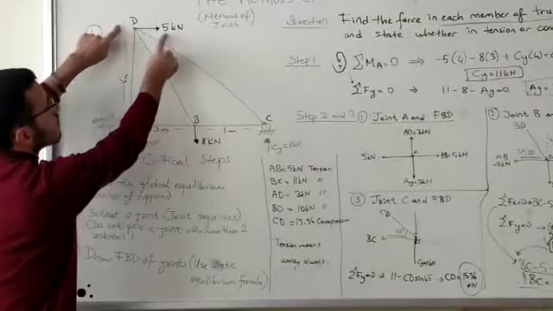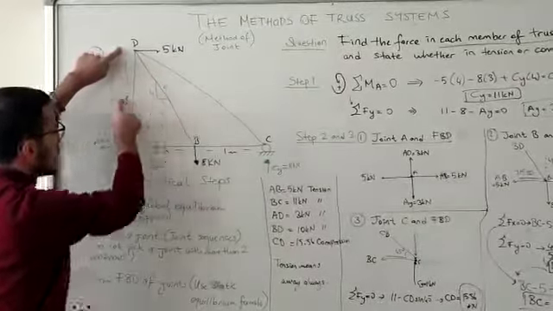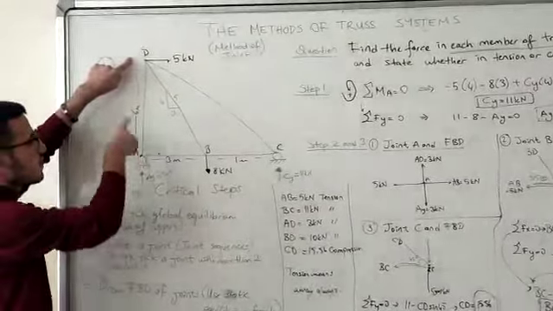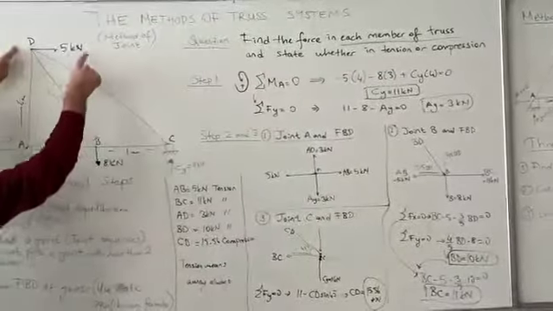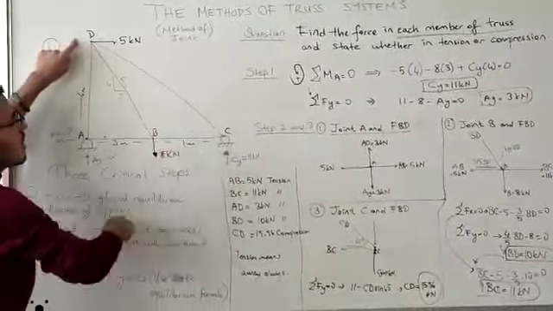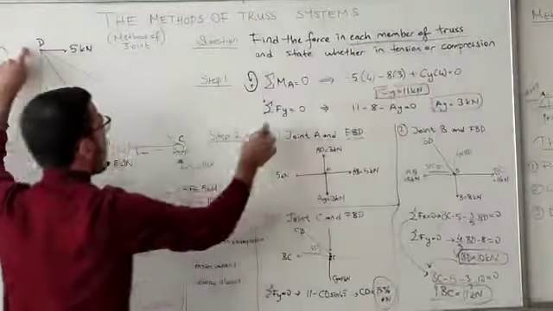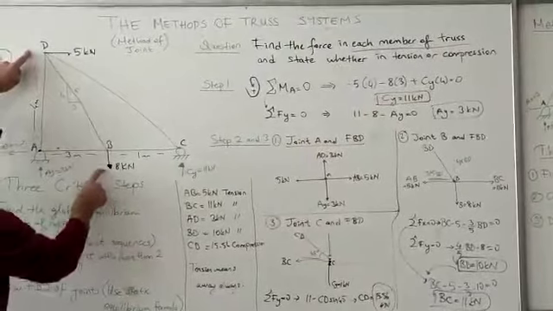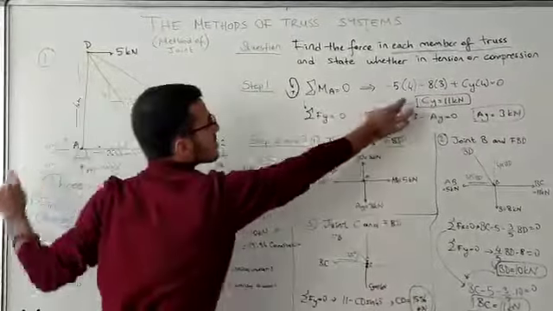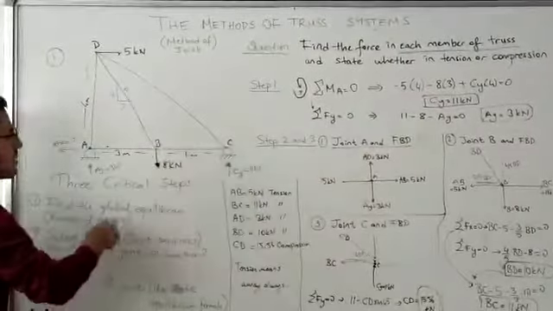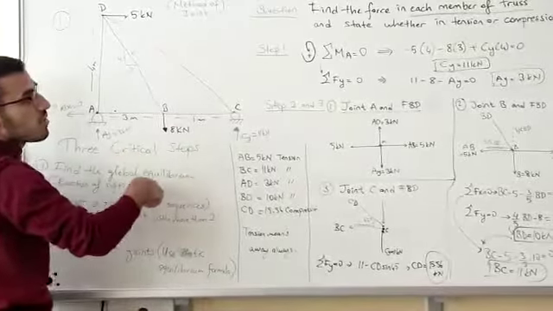5 multiplied by its perpendicular distance from A. It must be minus because it turns the shape in the clockwise direction. Another one is 8 multiplied by 3 at point B. It must be minus again because it turns the shape clockwise.